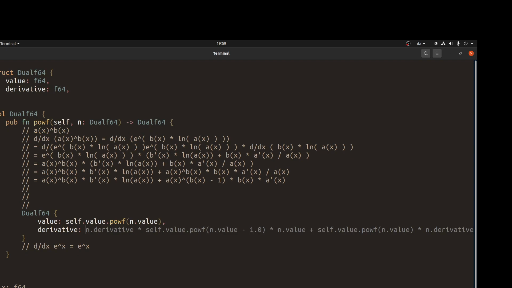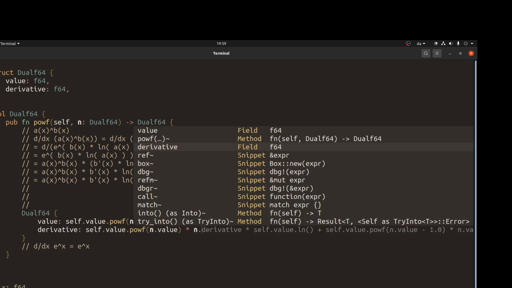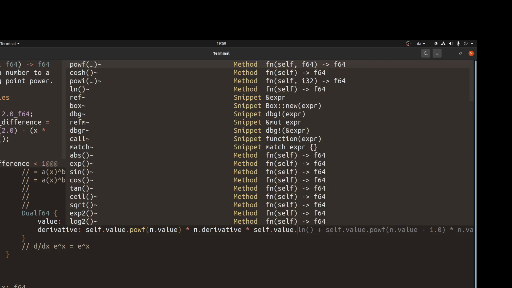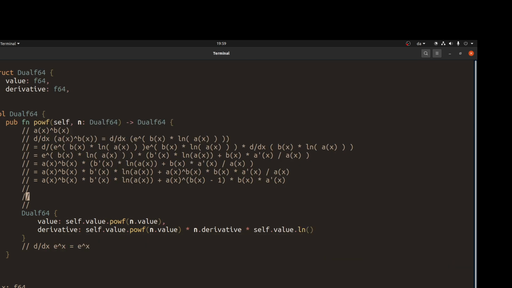So what do we need to do now? We need to take the a, which is self, so self.value, power of f, n.value, times the derivative, times self.value logarithm. So now we have done the first part, right? This part is all of that.